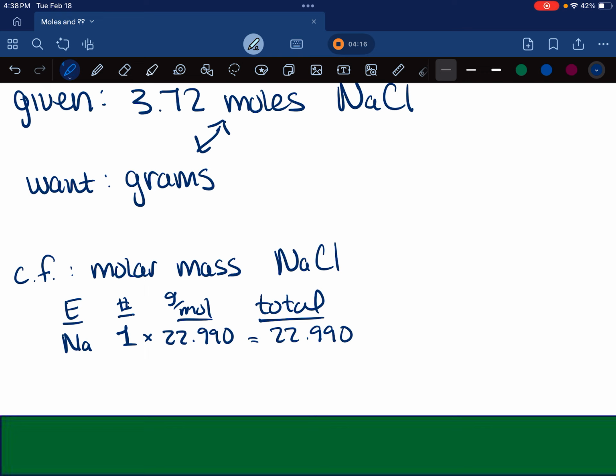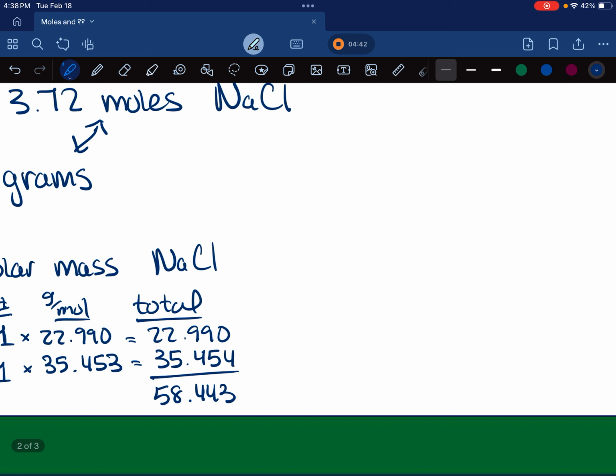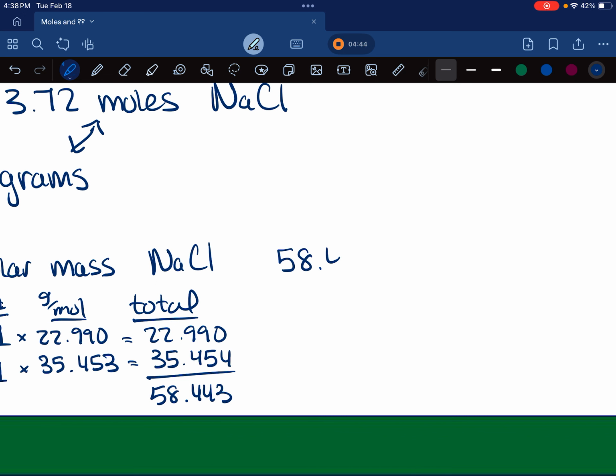Then I have chlorine, 1 chlorine in NaCl, and I look on the periodic table, that's 35.453, and so 1 of those gives me a total amount of 35.453. I add those up for a total of 58.443. So my molar mass is going to be 58.443 grams per 1 mole. Don't forget that per 1 mole. This is your conversion factor.